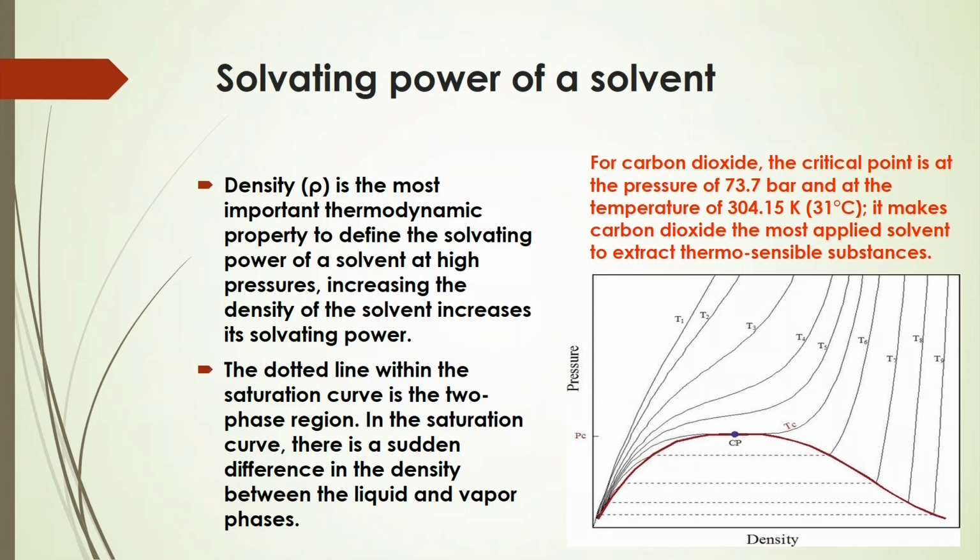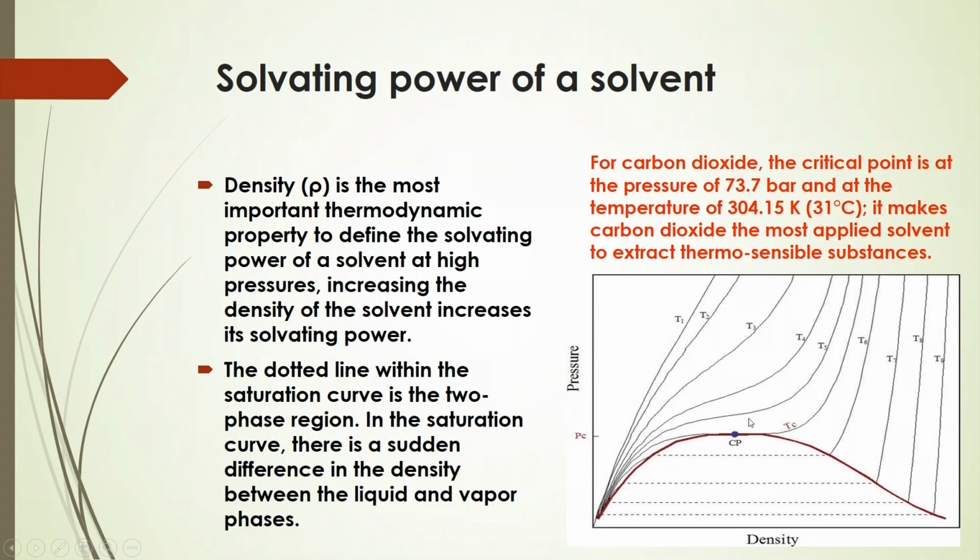In the figure you will see the dotted line shown, within the saturation curve is the two phase region. This is called the saturation curve, and there is a certain difference in density between the liquid and the vapor at different temperatures. So, at a different temperature, if you increase the pressure, the density will change accordingly.